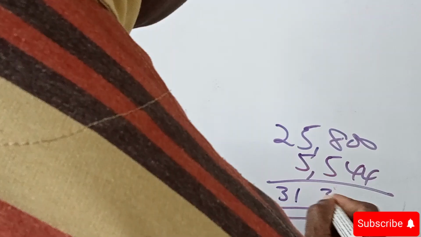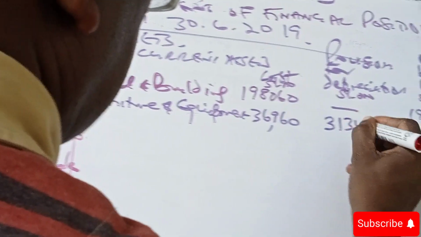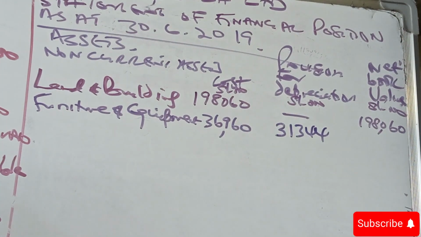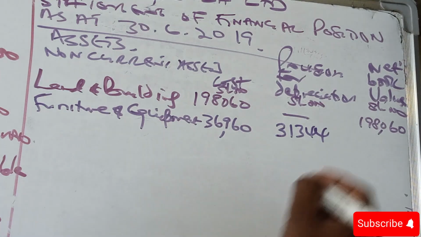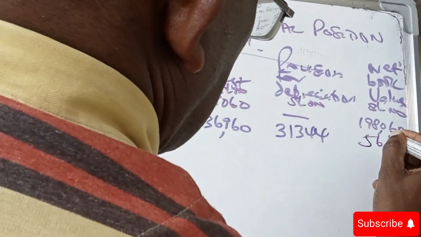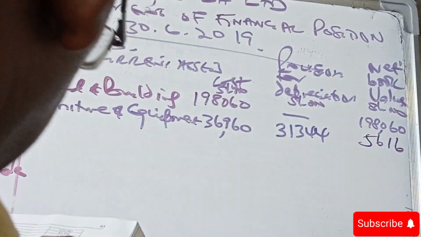So for furniture and equipment, the accumulated depreciation is 31,344. Against the cost of 6,960, we get a figure of 5,616 as the net book value.